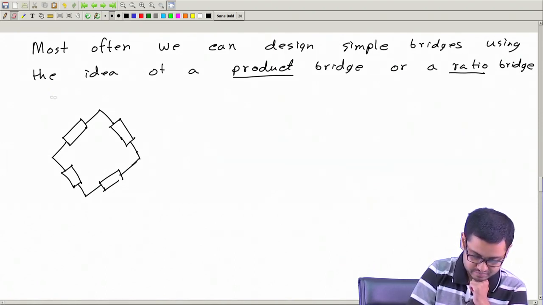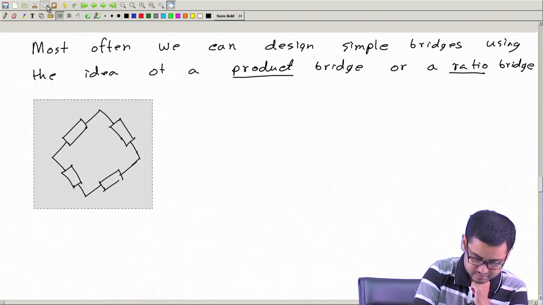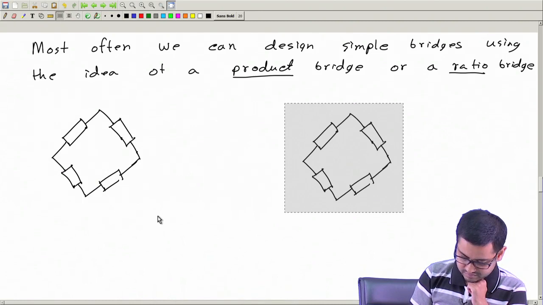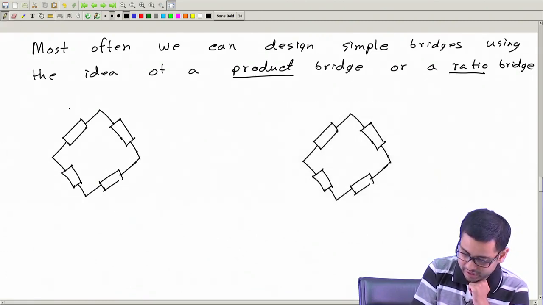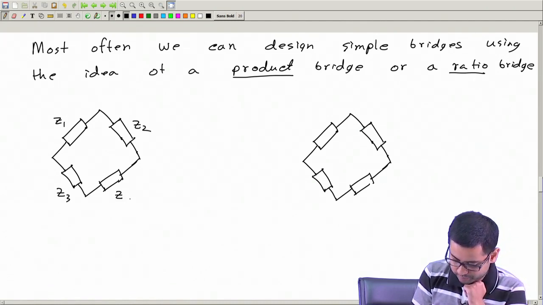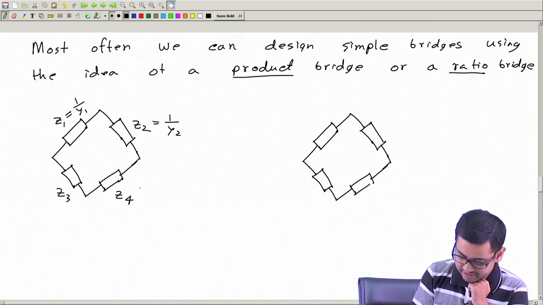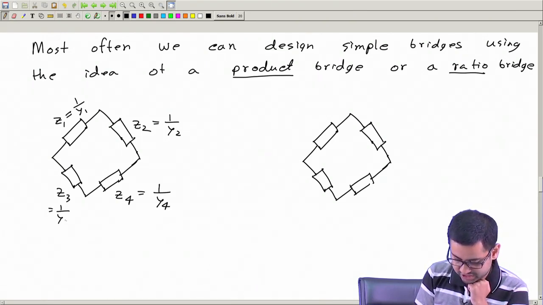suppose I have this bridge, if I write the impedances as Z1, Z2, Z3, Z4 and the corresponding admittances are 1 over Y1, 1 over Y2, so these are admittances, 1 over Y4, 1 over Y3, okay.